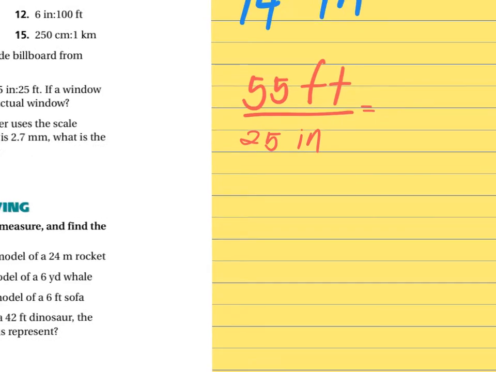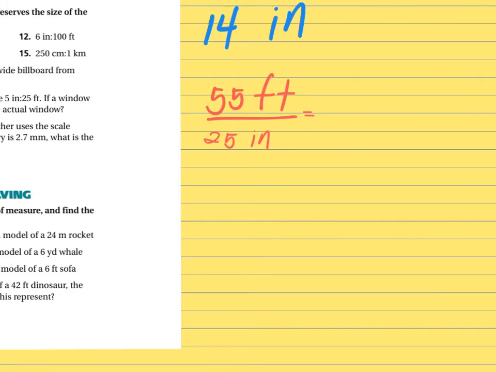Okay, now here we have the same situation as we had with exercise number 7. We have feet and inches. We cannot just cancel them because they're not the same unit. And we cannot lower 55 with 25 because they don't represent the same size, because we're talking about feet and inches.